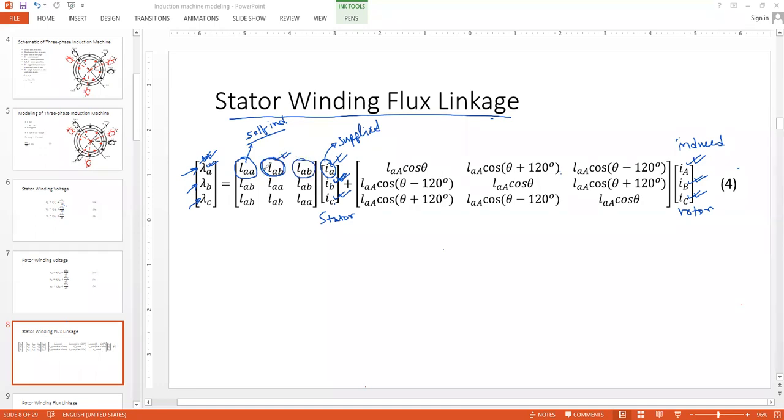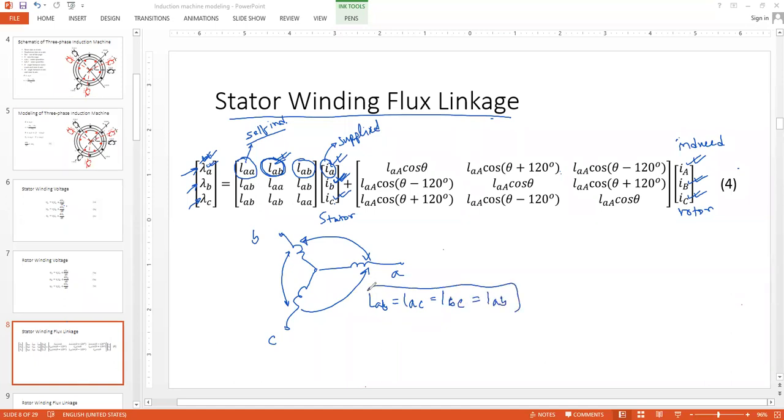If you look from coil A, this is coil A, let's say this is B and this is C. The A to B mutual inductance, the B to C mutual inductance, and the A to C mutual inductance are exactly the same. So everywhere you will see LAB only, and that is assumed. LAB equals LAC equals LBC. This is the assumption being taken here.